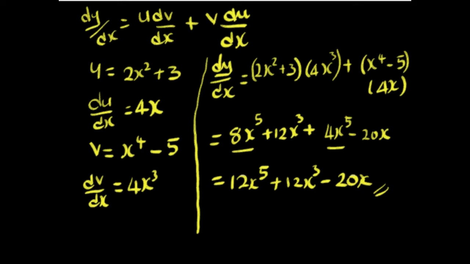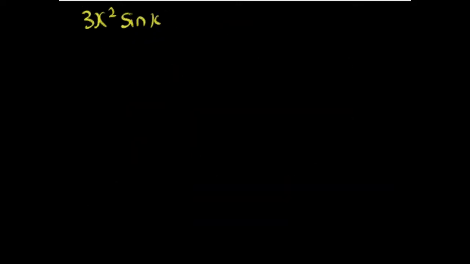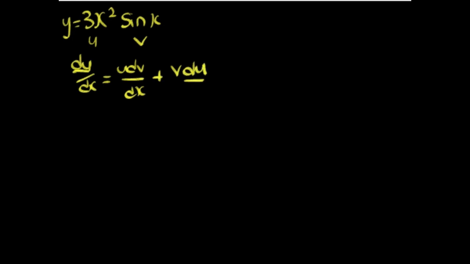Now the next question. In this question, you are told to evaluate this function y equal to 3x squared sine x, right? So as you have it now, 3x squared will be your u, sine x would be your v. The formula says dy over dx is equal to u dv over dx plus v du over dx.